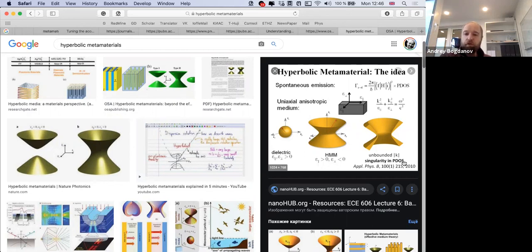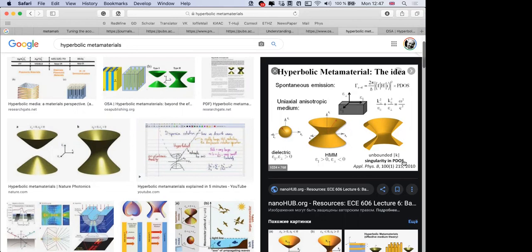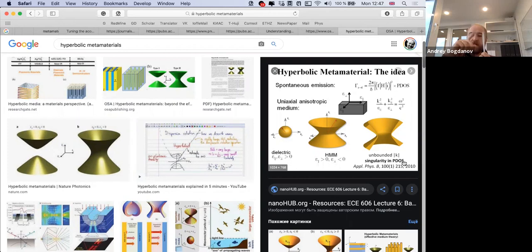What is radiation? If you have a dipole, this dipole can radiate photons in free space. But why can this dipole radiate photons? Because we have in the environment plane waves with such frequency. These waves are not forbidden. If the dipole oscillates at frequency omega, it can radiate waves at the same frequency omega.